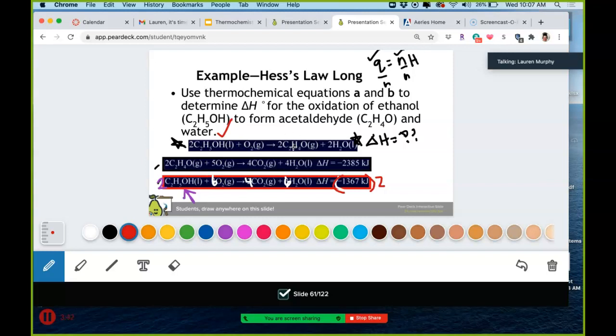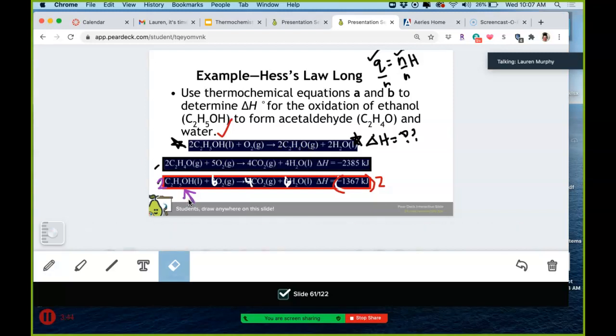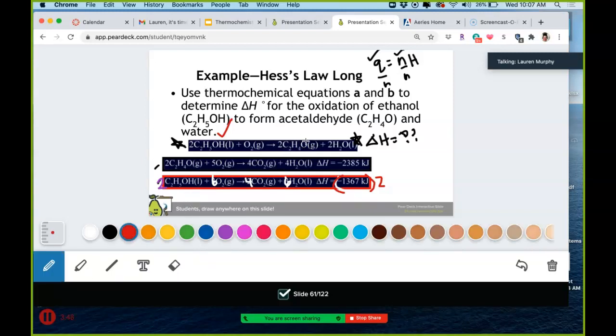2 acetaldehyde, okay? So I need 2 of them, and they need to be on the product side. So I do see acetaldehyde right here, but the problem is the acetaldehyde is a reactant, and I need it to be a product. So I need to flip this backwards, which means everything that was a reactant is now a product, and everything that was a product is now a reactant.